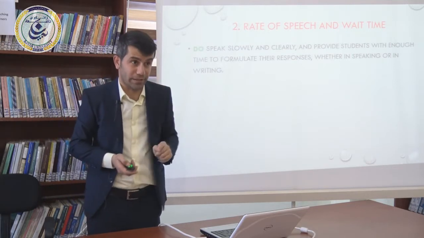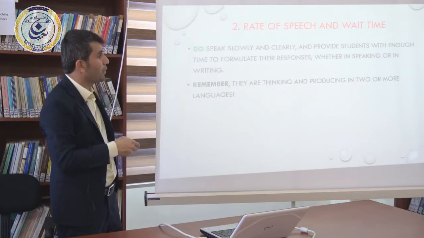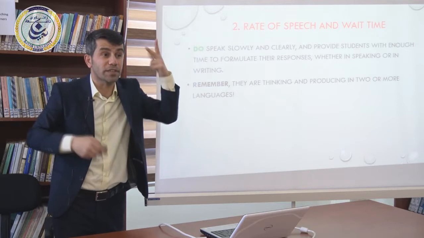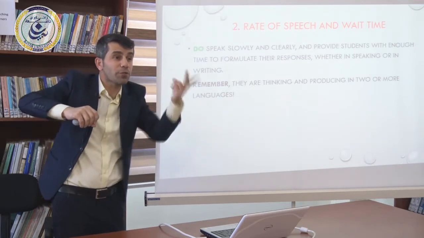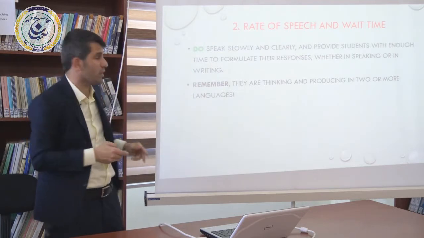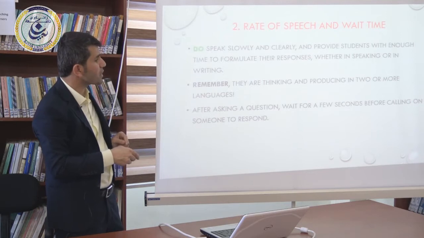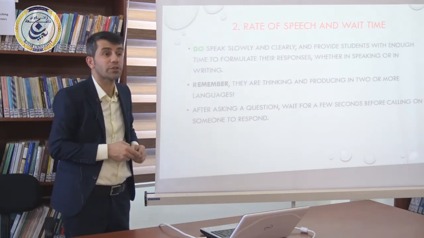We have to wait. That wait time is very important. Remember, working in two languages is very difficult. It is the process of code switching, as we call it in English. We switch from Kurdish to English, from Arabic to English, and vice versa. After asking a question, we wait for a second before we ask students to answer.